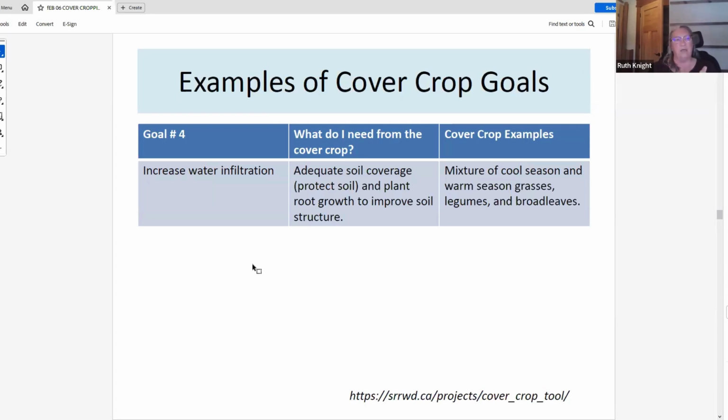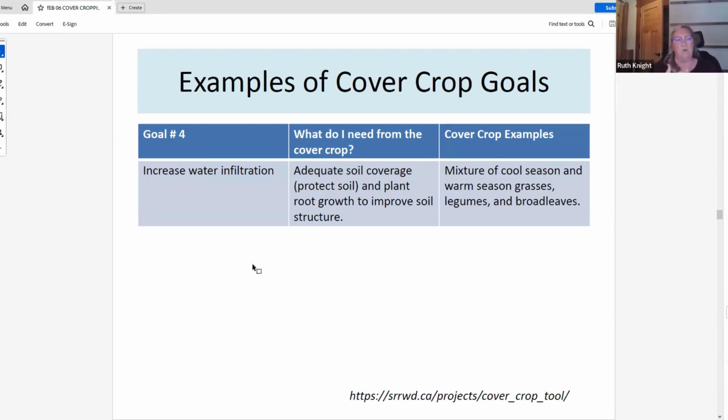So there are some contexts where you might be looking at a monoculture type of cover crop, and I see that happening most often in terms of fixing nitrogen, where you're using straight alfalfa or clovers.